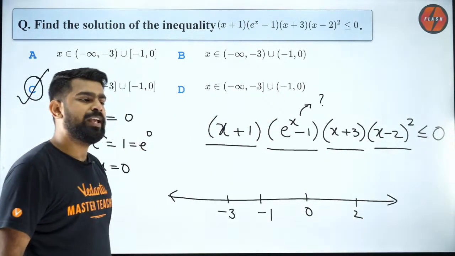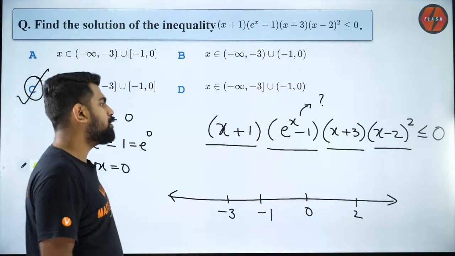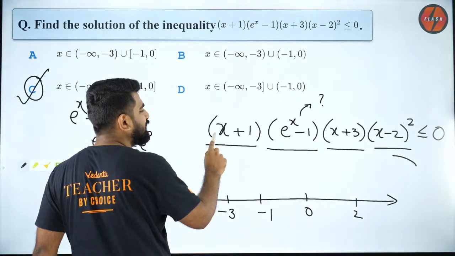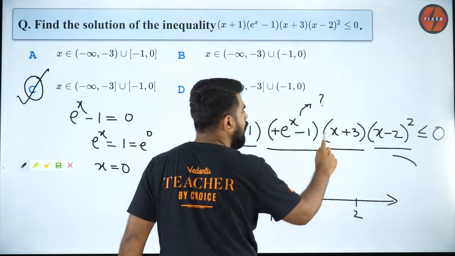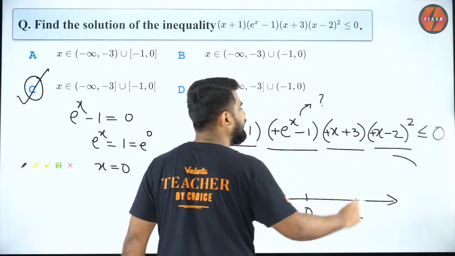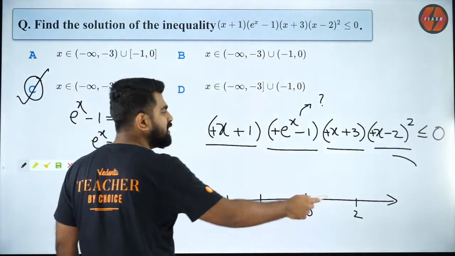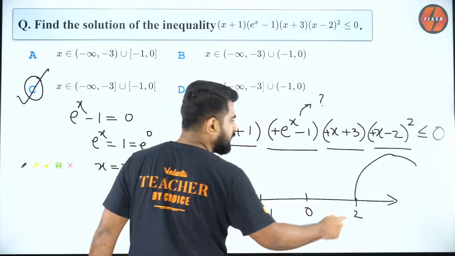Now, what does the wavy curve say? It says that you start from the right side top corner if all your factors have positive leading coefficients, and that is absolutely true here. So I start from the right-hand side top corner and come to the first factor.